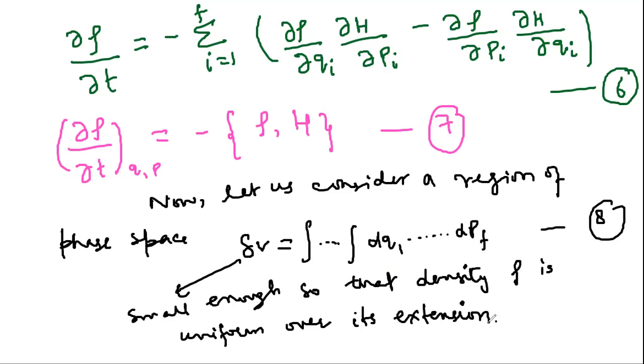Now I want to find the number of representative points inside this region. Each representative point is one of the systems in the ensemble of systems.